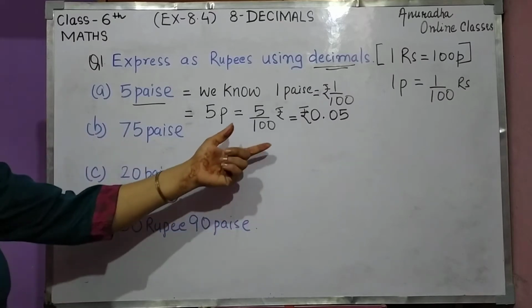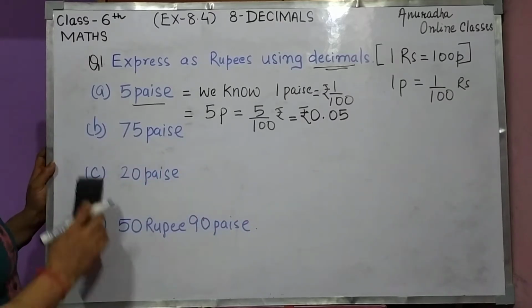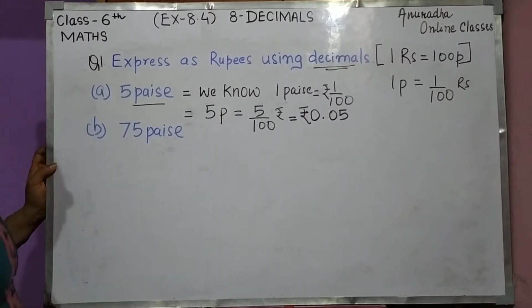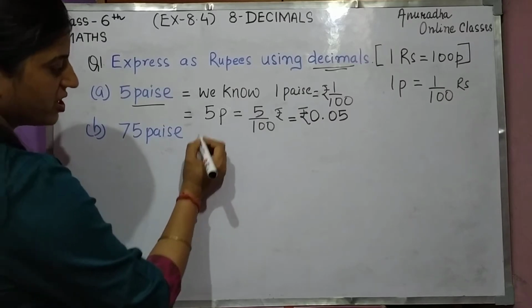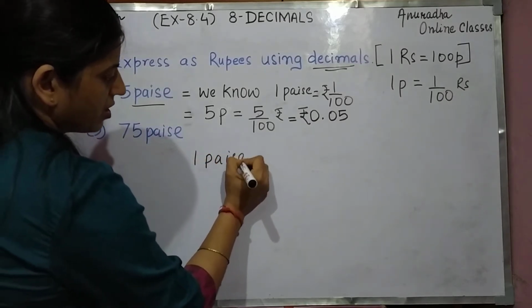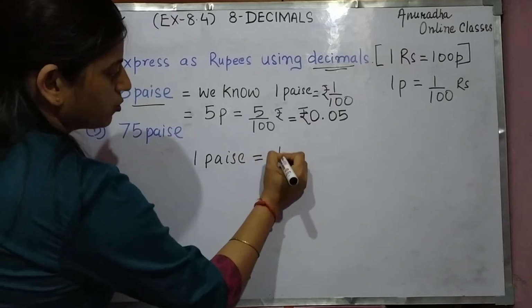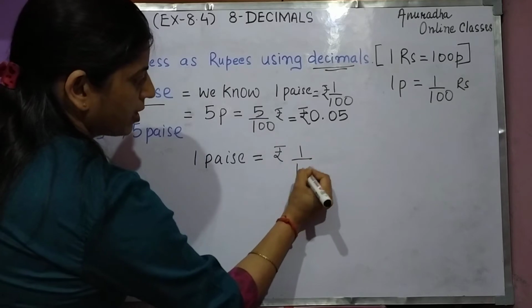Okay children, so in this way you have to do the question. Let's see the second part. Second part is what? 75 paisa. So firstly you will write 1 paisa is equal to rupees 1 upon 100.